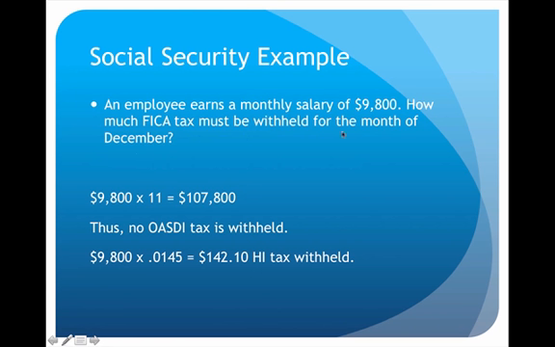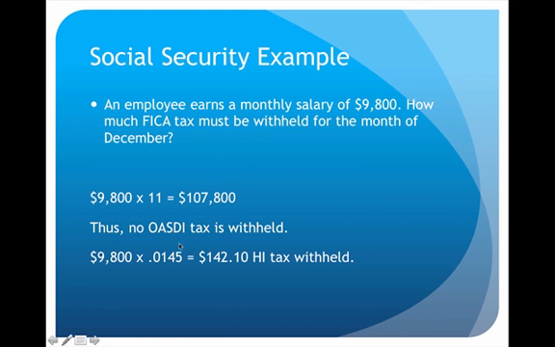So the first thing I want to do is take a look at what this person has made year to date. If they make $9,800 a month, and we're about to calculate this for December, that means they've already been paid for 11 months. Well, that adds up to $107,800. That exceeds the cap, which is actually $106,800. So in this case, there will be no OASDI tax withheld because we've already met the cap.